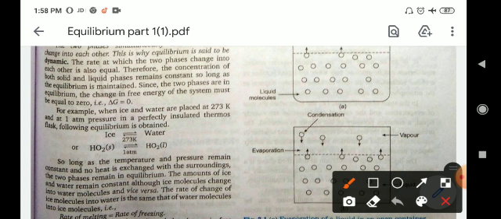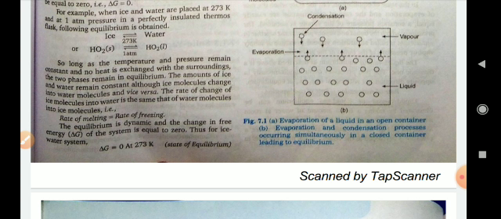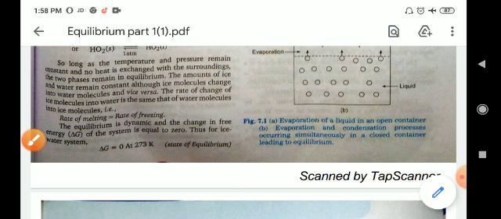These vapors exert a pressure on the liquid, and at some point the vapors start to condense, converting back into liquid and falling into the liquid, and this process continues. But a point will come when the rate of condensation and the rate of vaporization become equal, and this condition is known as liquid-vapor equilibrium.